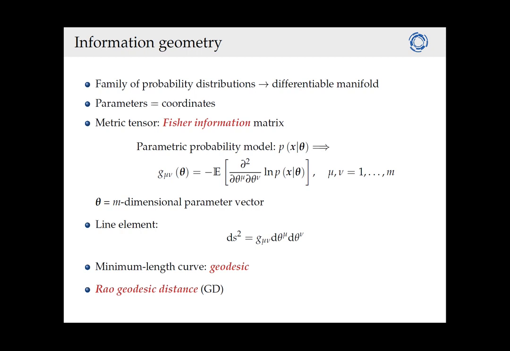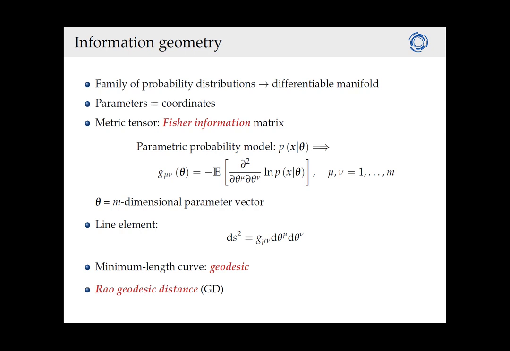So what is the idea behind information geometry? The idea is that a family of probability distributions, and by family I mean one functional form of a PDF, for instance a Gaussian PDF, and the family is created by the parameters. So for instance the Gaussian family of probability distributions. Now this in information geometry is thought of as a differentiable manifold. That is a well-known concept in differential geometry.